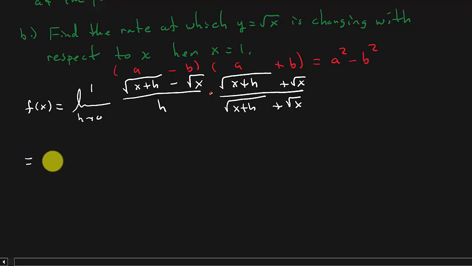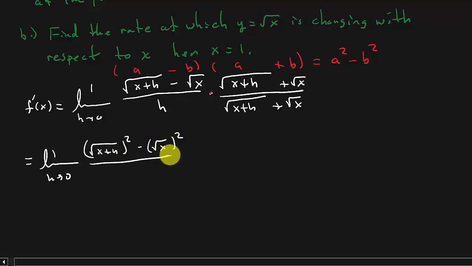And this should be f prime of x. So this is the limit as h goes to 0 of a squared, so that's square root of x plus h squared, minus b squared, which is the square root of x squared, all over h times square root of x plus h plus square root of x. Okay, just don't worry about distributing the h to each of those. Just leave it like this.